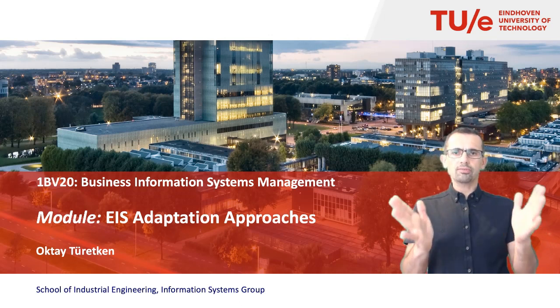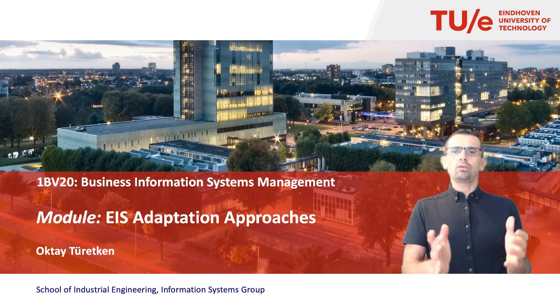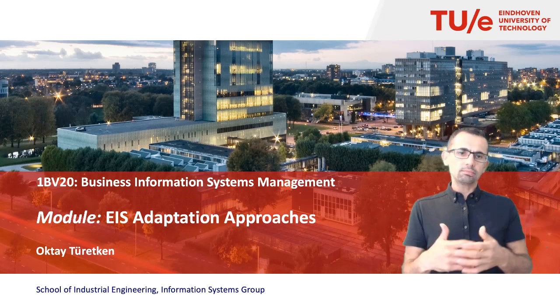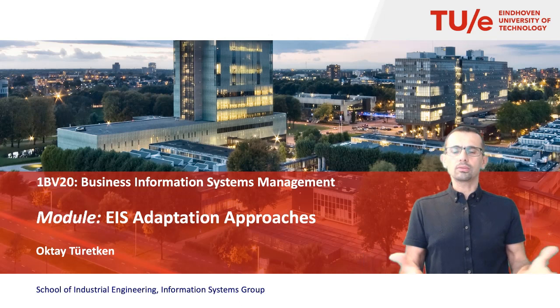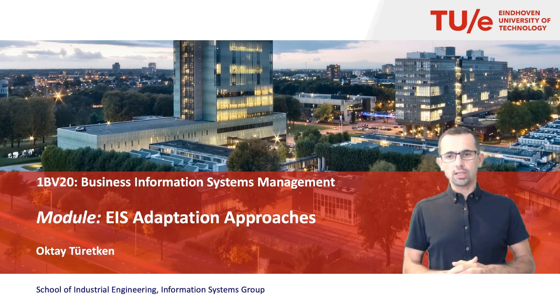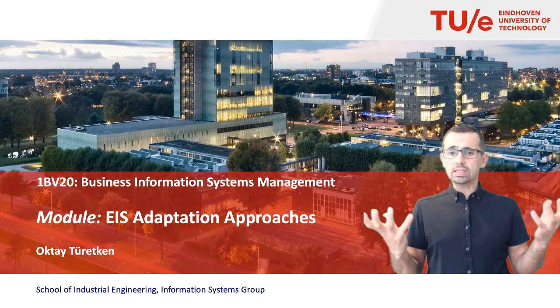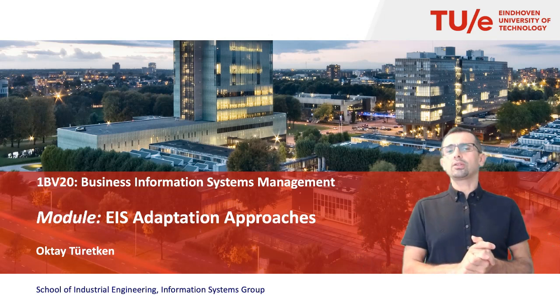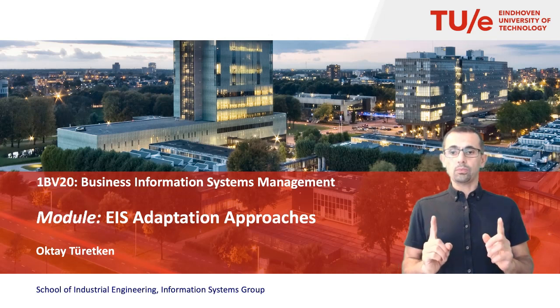Contemporary enterprise information systems are already built systems, remember, and they are offered by suppliers, vendors, and they satisfy most of the generic requirements of organizations. But they also provide some room, or let's say some flexibility, to be adopted by the organizations to address their specific needs.